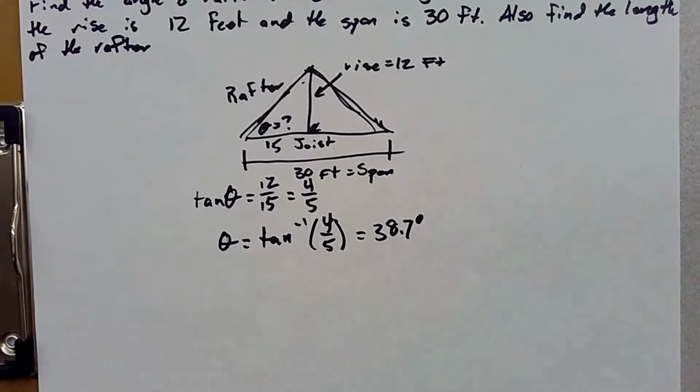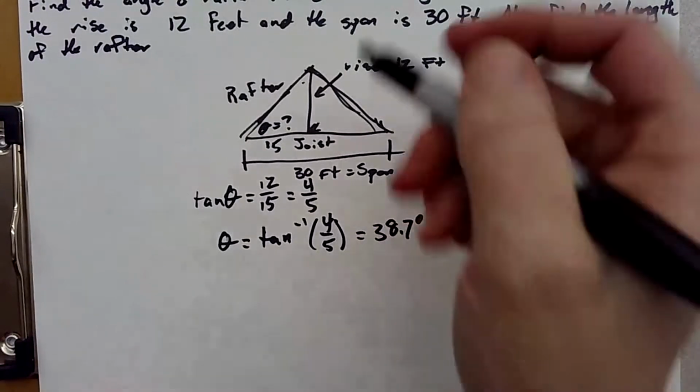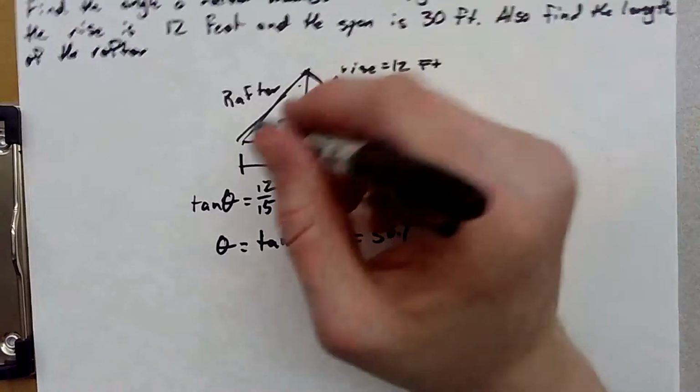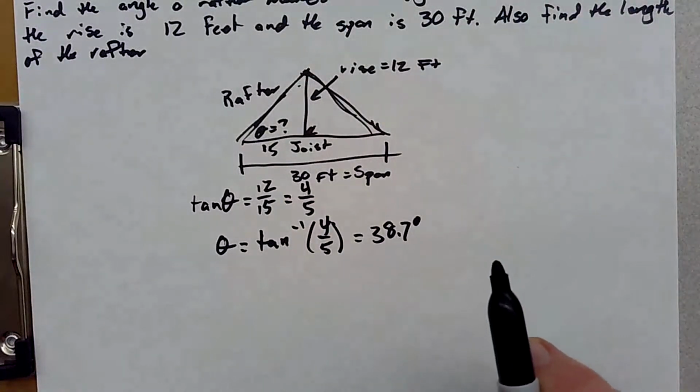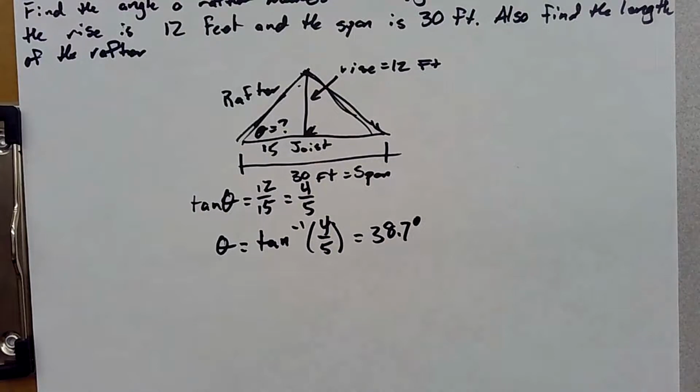We can also find the length of the rafter a couple of ways. We can use the Pythagorean theorem, or we can use the size of angle theta and the rise or the run. I'm going to do it with the sine.